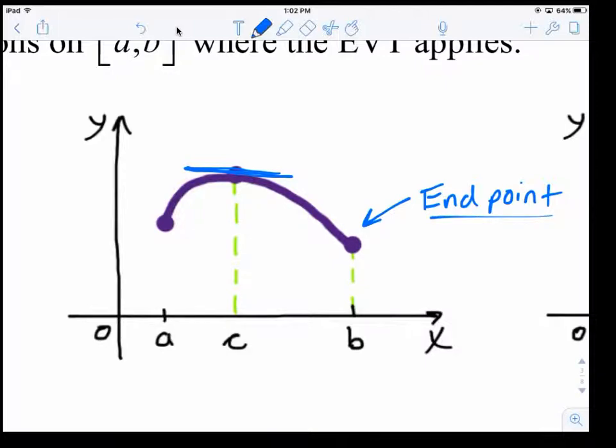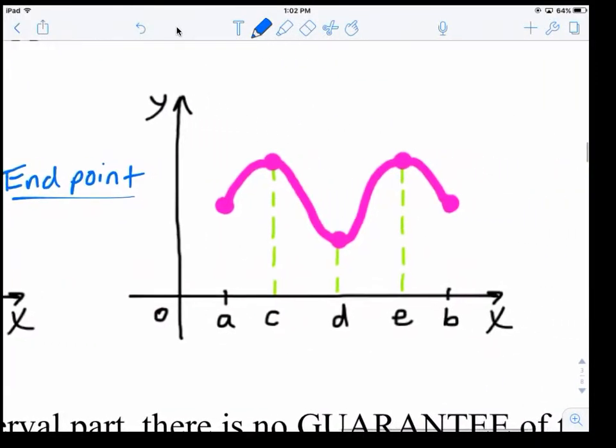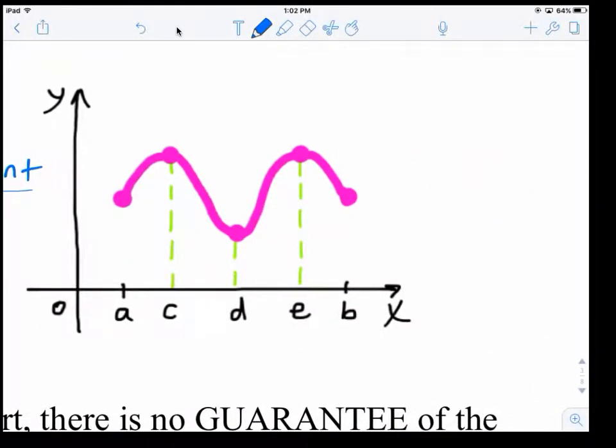All right. So you can have them occur where the derivative is equal to 0 or at the endpoints. And again, you can have multiple locations where your maxes or mins occur. So you can only have one absolute max or one absolute min, but they can occur in multiple locations.